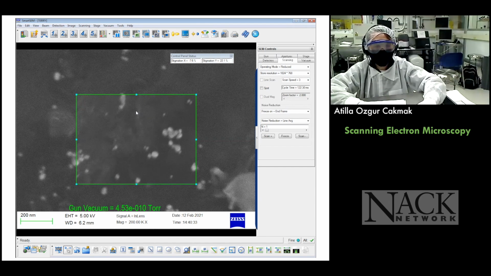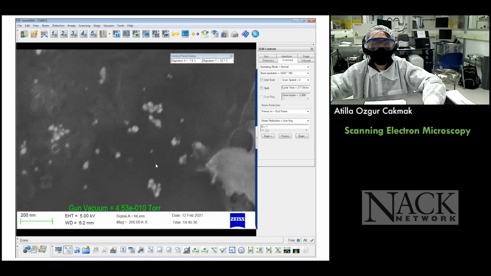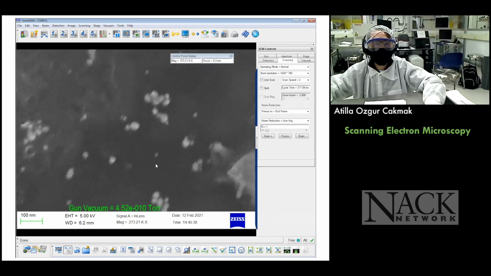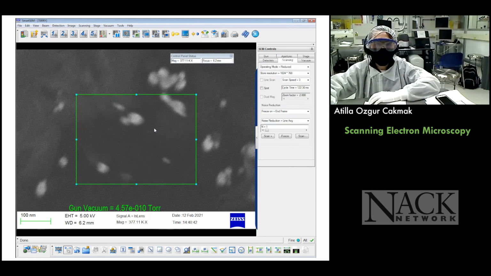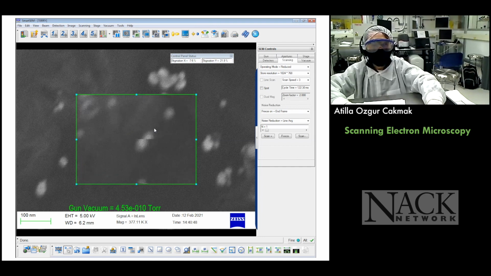Okay, so I can see them very clearly. So imaging the viruses with these kind of nanoparticles will be much easier because of the high contrast that they supply. All right, so let me just do some final adjustments here on my end.